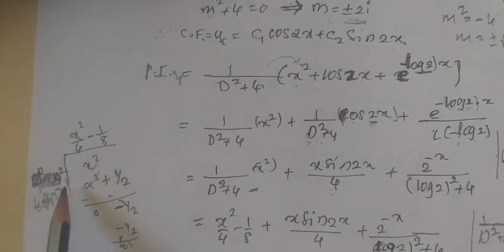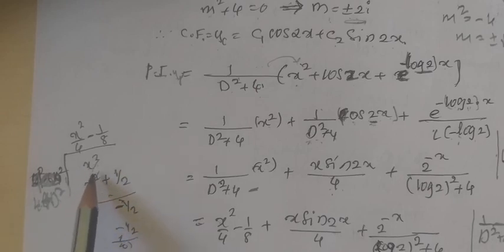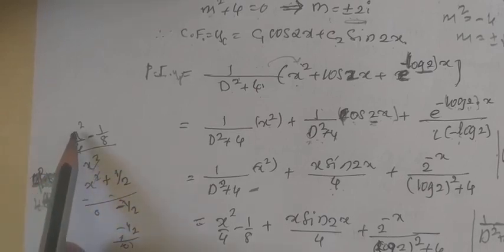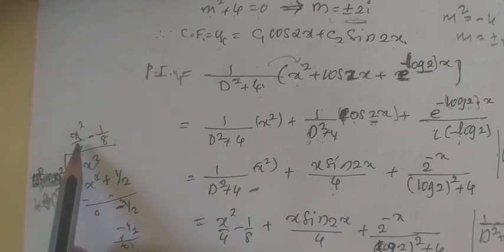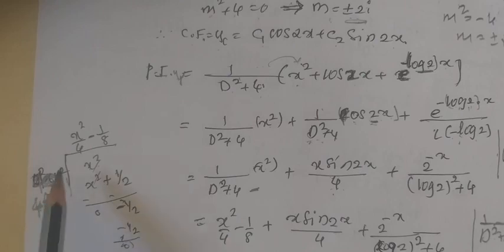It is x² here, so you have to cancel this 4 by multiplying by x²/4, so that the 4 gets cancelled and you will get x², because it is plus x².